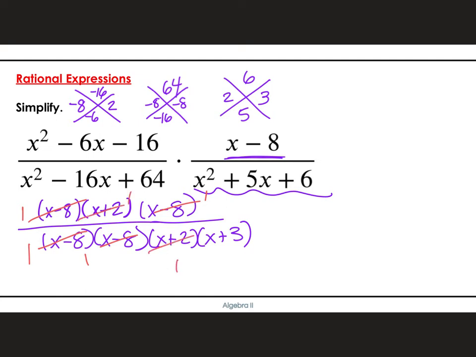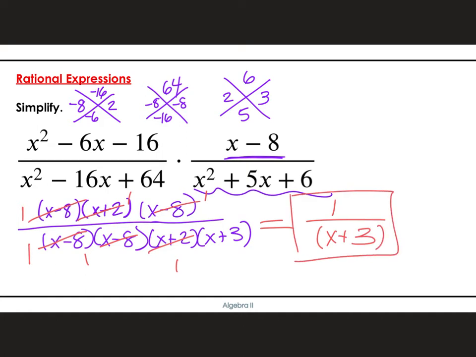Those both will become 1. So then in the numerator, I have 1 times 1 times 1, which is 1. And in the denominator, I have 1 times 1 times 1, which is 1. And then times x plus 3. And there's my answer. So when you can factor, it is better to factor first to see if there is anything that you can eliminate. Let's look at another one.